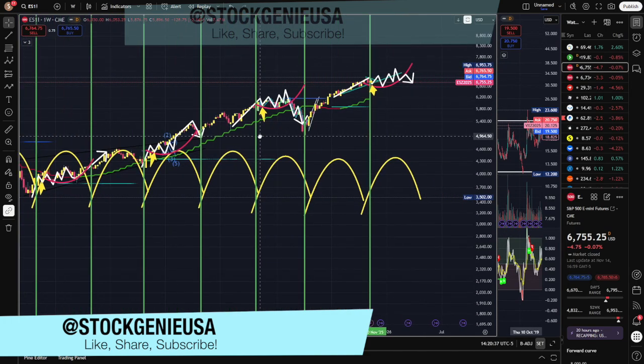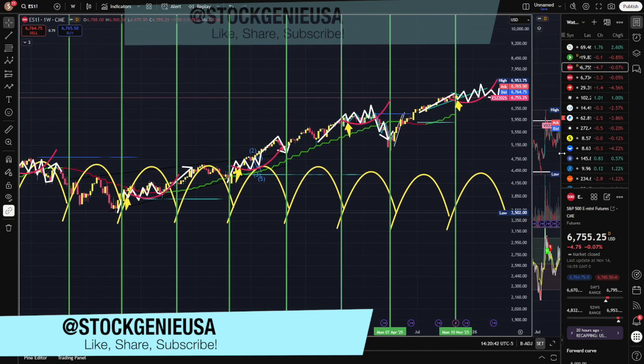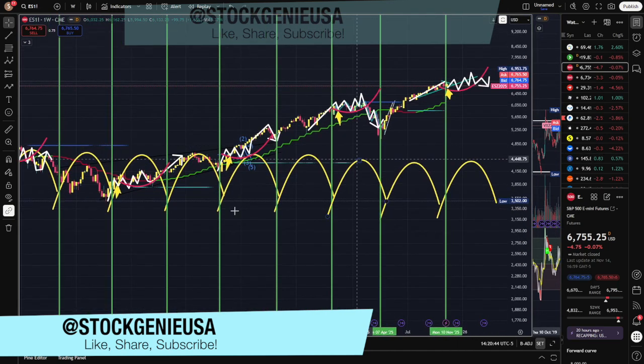Now, the first thing that we're going to be looking at on this chart is, like I said, the actual heartbeat of it, right? So these cycles here are not aligned with the Hurst cycles or specific lows of the actual price action. As you'll see, the lows don't necessarily hit at the right spot.